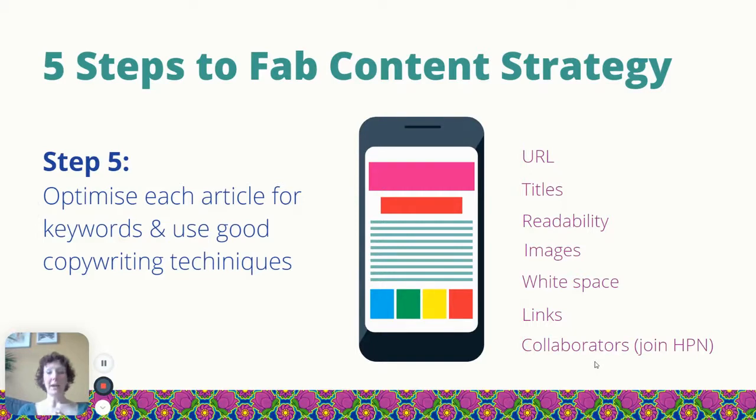So imagine you write your article on grow your own veg, and you produce it as I've suggested. You do all your keyword research, you link it to your other articles. That's going to be really, really good, and it's definitely going to help you to rank on Google.